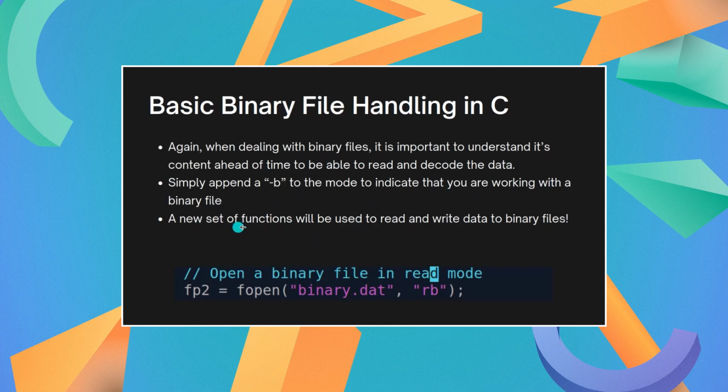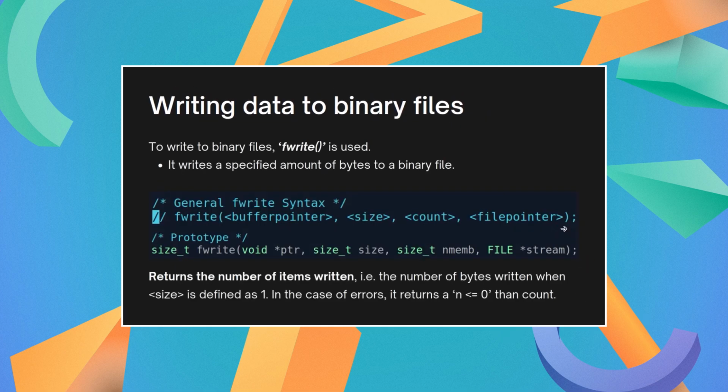As I previously mentioned, we also have a new set of functions to be able to read and write to binary files. Here it is in action. If you want to read a binary file, we have our read mode of r, and we append a b to its end to indicate that we're working with a binary file. Now, when writing to binary files, in contrast to fprintf, we'll be using fwrite.